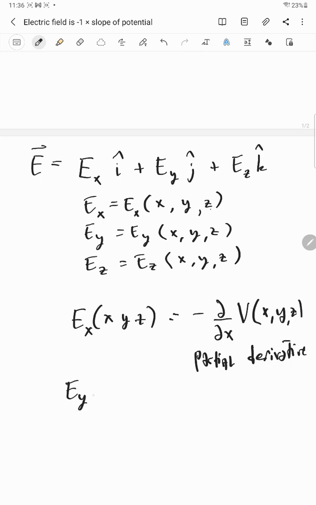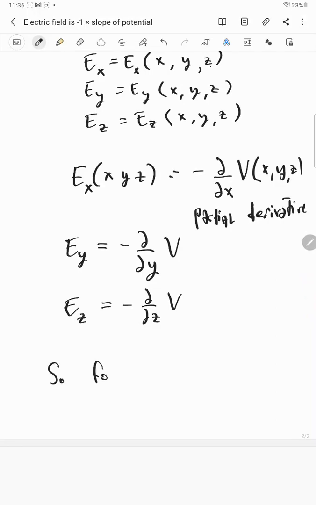So the y component is a similar thing, but it's the derivative of the potential in the y direction, and the z likewise. So that super important negative sign, right? The negative sign is very important. It's the derivative with respect to z of the same function V, right? Which is a function in general of x, y, and z.